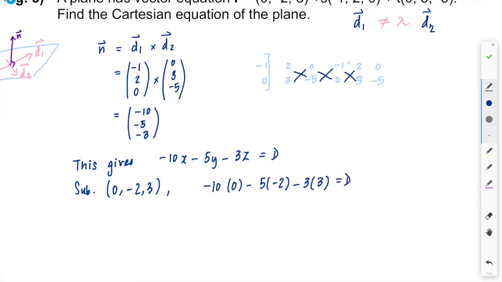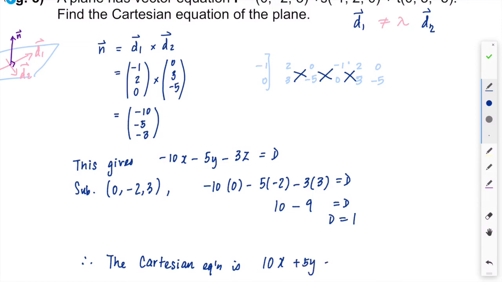I have 10 minus 9, so d equals 1. All right, and therefore the Cartesian equation is, we can fix it, 10x plus 5y plus 3z is equal to -1. Okay, so just make sure you balance the signs.